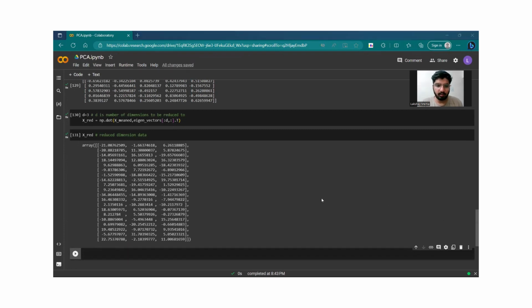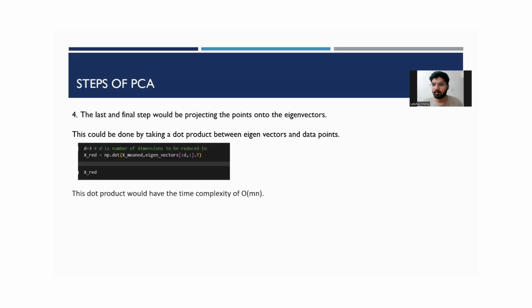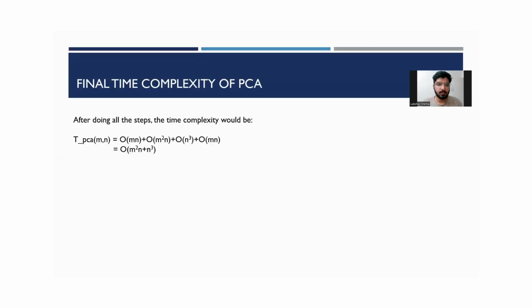Now we have to calculate the overall complexity, as we have the complexity of all four steps. The first step took O of mn time, the next step took m square n, next n cube, and the last was mn. We can see that mn is obviously less than m square n, or we can see it by degree.